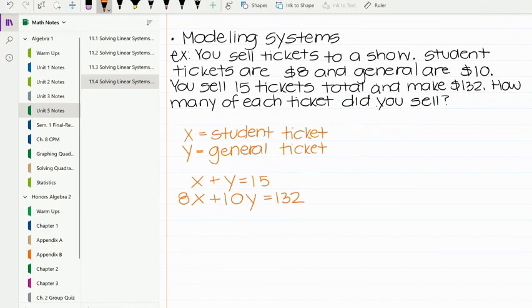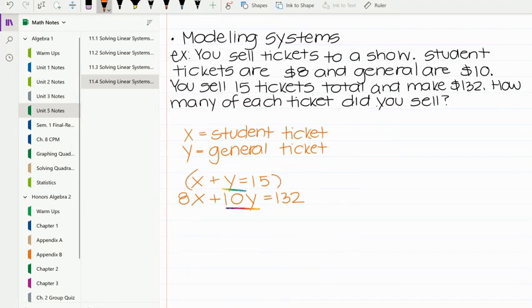So at this point, you could actually use any method that you desire. So you can use substitution or elimination. I personally like elimination better, so I'm going to use that method. So I'm going to eliminate the y's. Now I can easily eliminate the x's by multiplying the first equation by 8, but personally I think that multiplying by 10 is just a bit easier because it's a nice number.